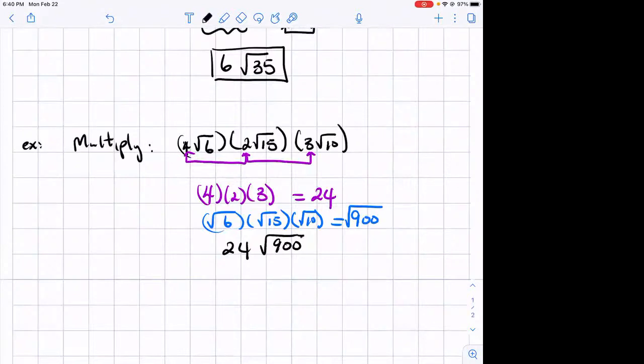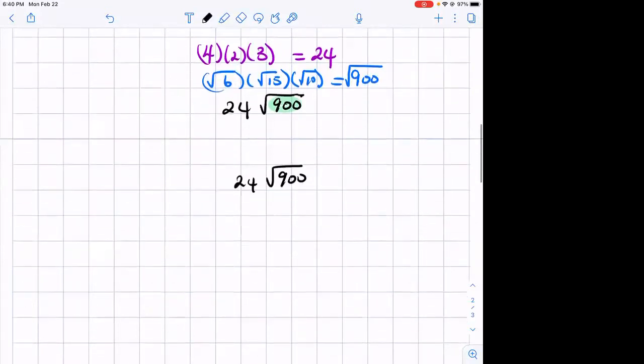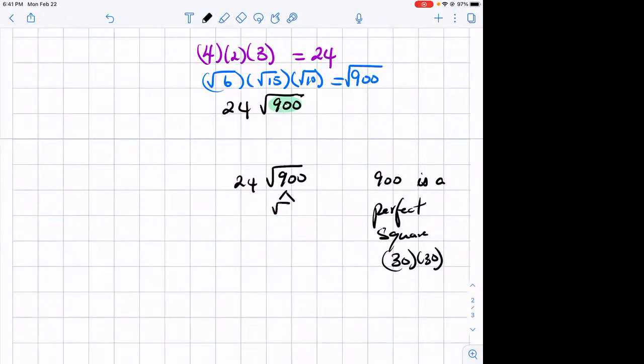We always want to check to see if we can simplify our answers. 900 happens to be a perfect square, because 30 times 30 is 900. So the root of 900 is 30, and this becomes 24 times 30, which is 720.